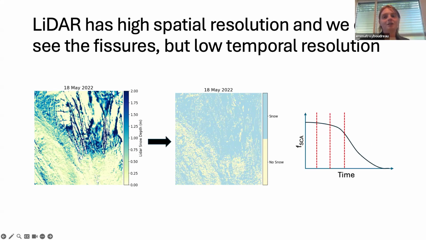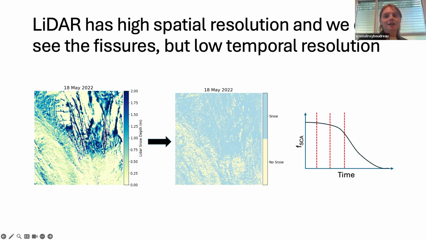And so this product can actually show snow in these fissures. It's a snow depth product, and you can see these dark blue lines in the far left graph. And then you can convert that to a binary product if you want. And so it can say for each pixel in these 3-meter pixels, is it snow or no snow?